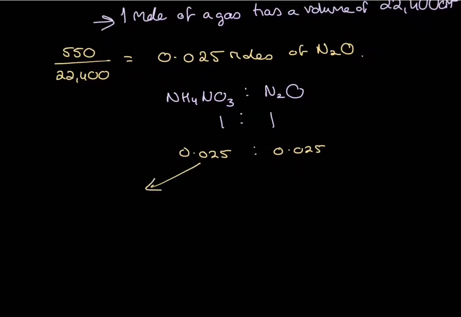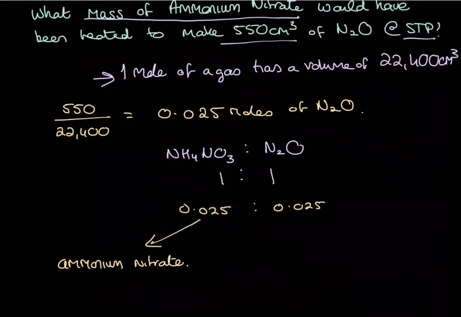So let's look now at the ammonium nitrate. I have the number of moles, and I can work out the relative molecular mass, which will give me then the mass of the substance.